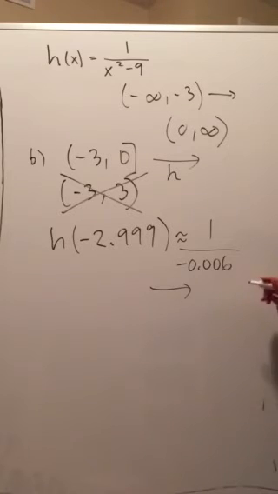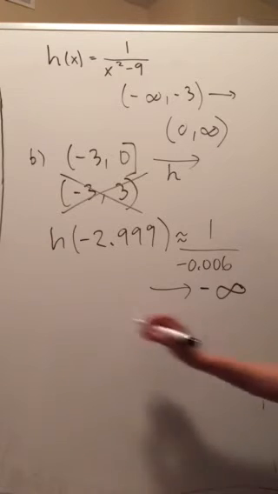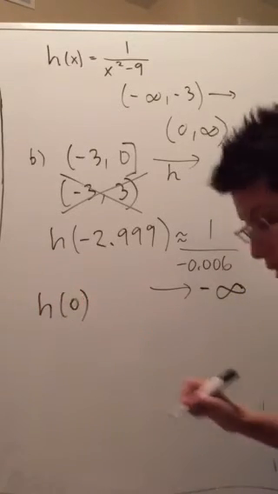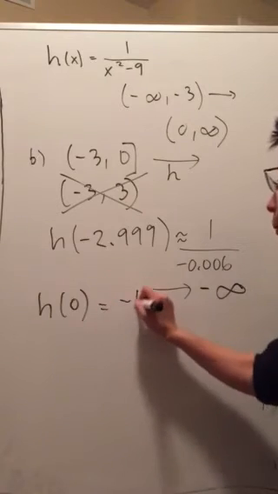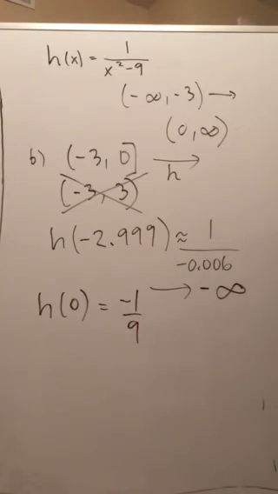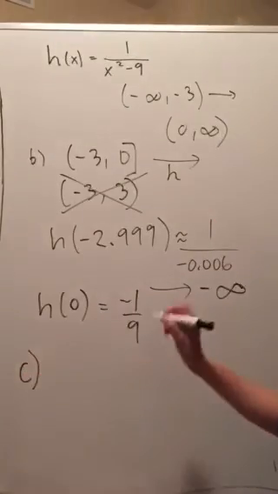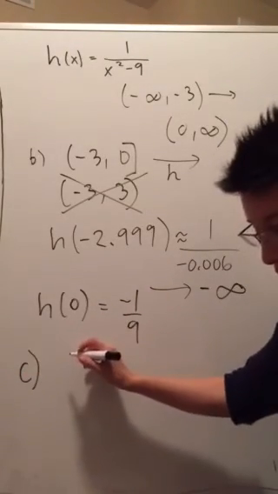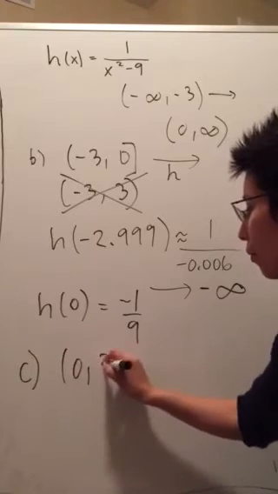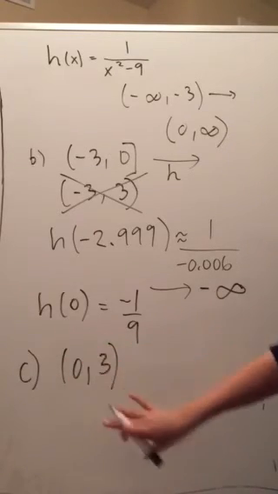So we are going to end up going to negative infinity. 1 over a really small number is a big number, right? And then let's check h at 0, since we decided to just cap it off there, and you get minus 1 over 9.